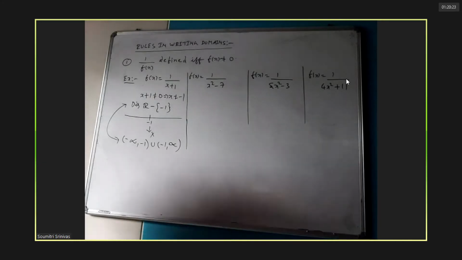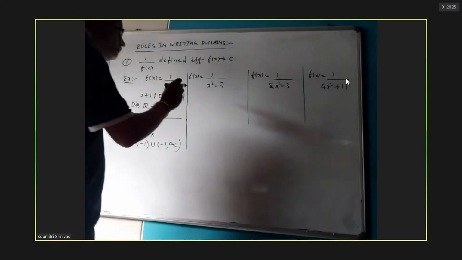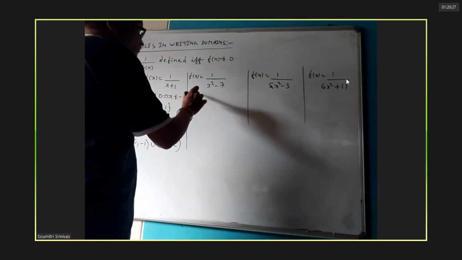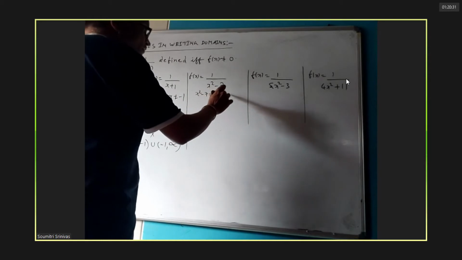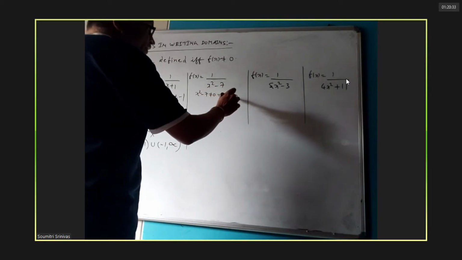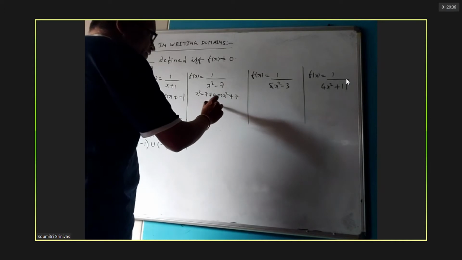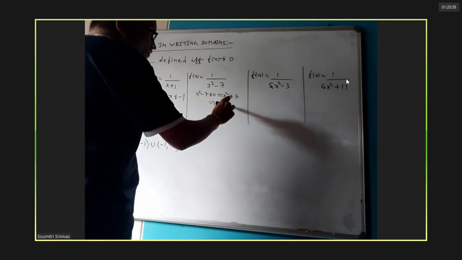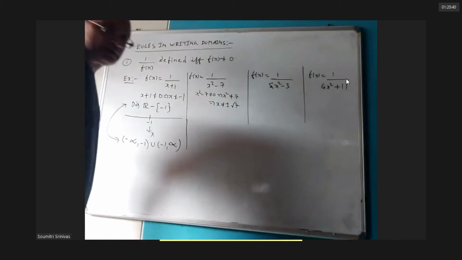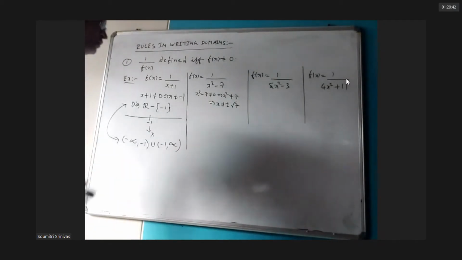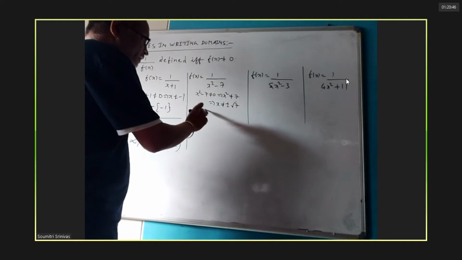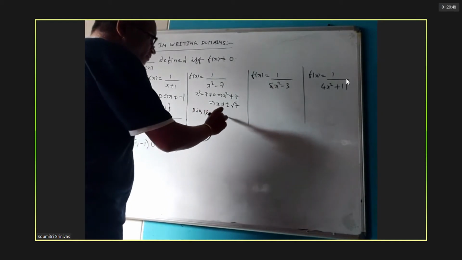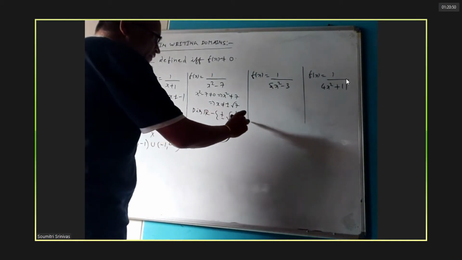Next one. x square minus 7 not equal to 0. x square not equal to 7, so x not equal to plus or minus root 7. So what's the domain? All real numbers except plus or minus root 7.